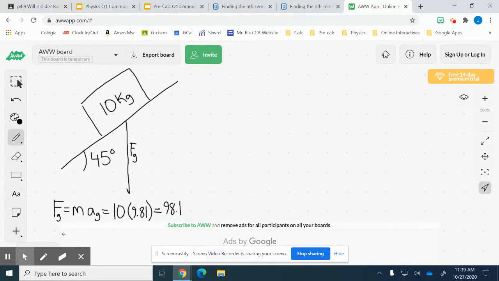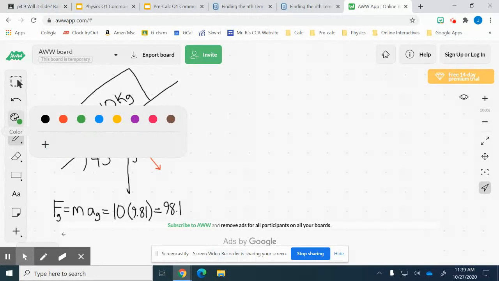So that's good, but the force of gravity is pulling straight down and it's on an angle. So that means part of the force is going to be pulling it into the block, right? Part of the force is the pressing between these two surfaces. And then part of the gravity force is going to be trying to make it slide down, right?